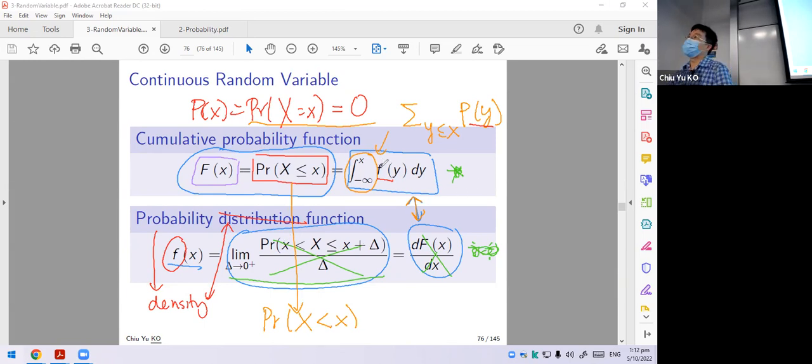And you don't need to worry about integration. The reason is that we will use a calculator or Excel to do all the calculations we need, and all of the tables. So you are not doing the calculation by hand.